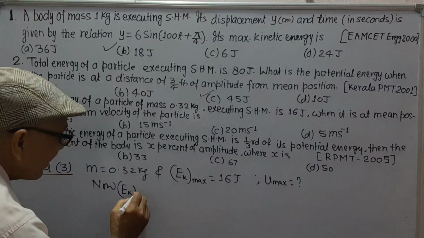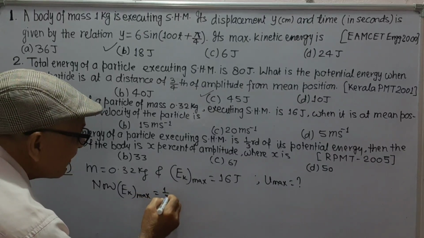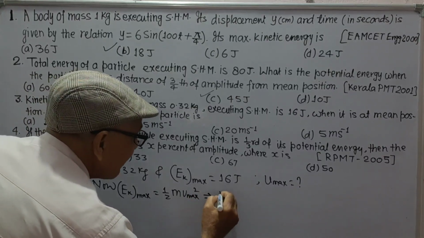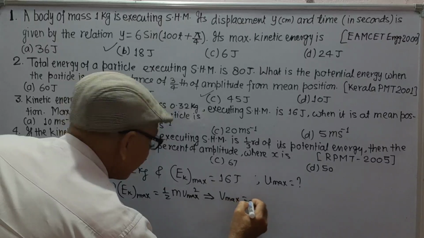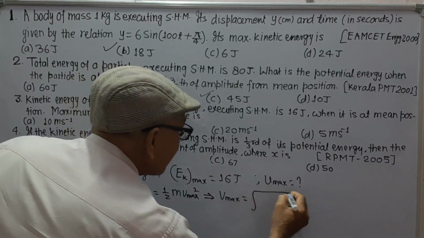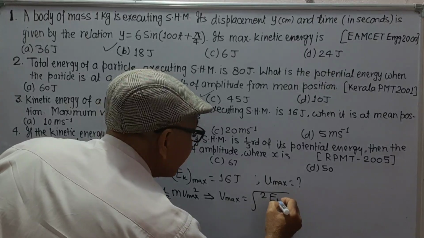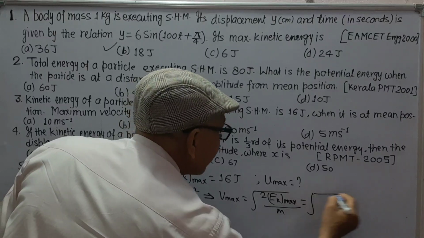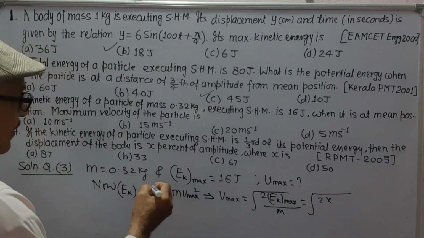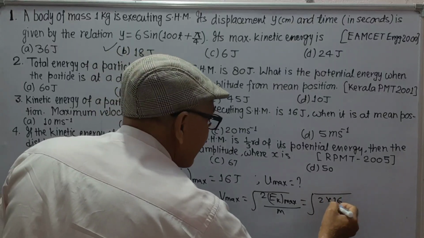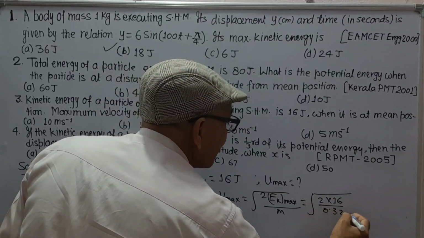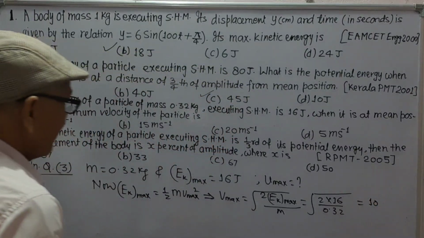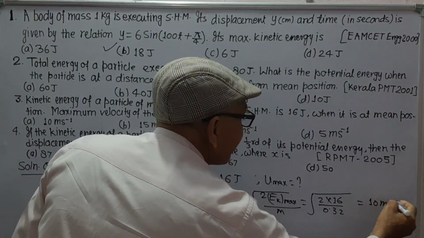Ek max is equal to half m v max square, which gives v max as under root 2 Ek max upon m, that is under root 2 into 16 upon 0.32, which gives under root 100, means 10 meter per second.